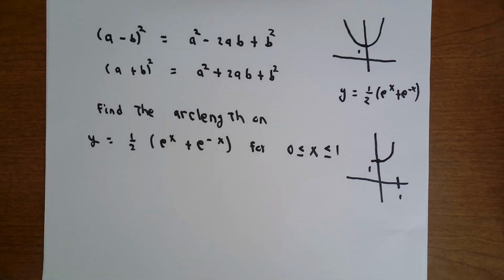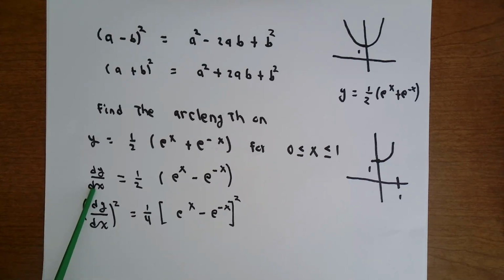We all know what we have to do. We have to figure out what dy dx is, figure out what 1 plus the square of that is, do the square root of that quantity, and then integrate it with respect to x over the relevant range of x values.